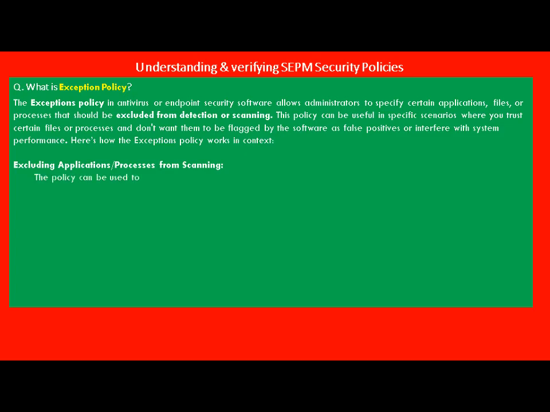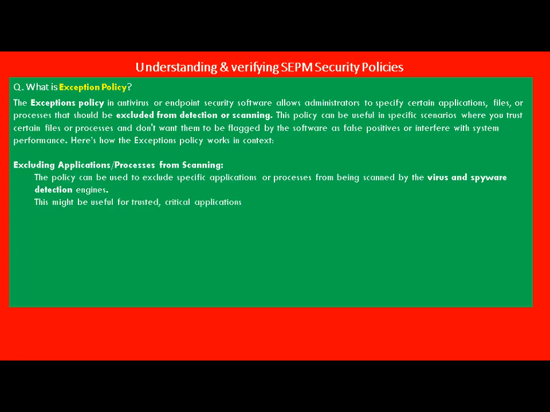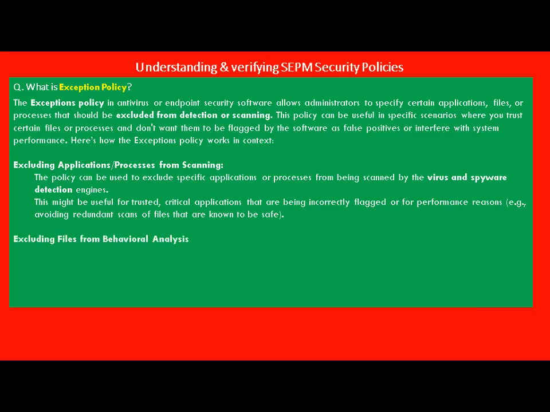The policy can be used to exclude specific applications or processes from being scanned by virus and spyware detection engines. This might be useful for trusted critical applications that are being incorrectly flagged, or for performance reasons like avoiding redundant scans of files that are known to be safe. So, excluding files from behavioral analysis.